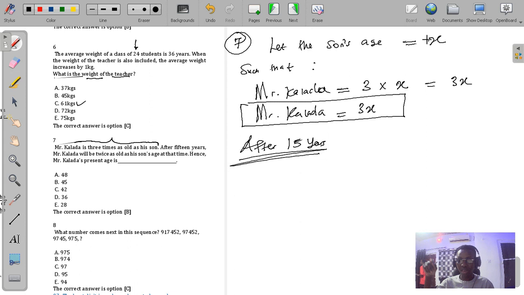So after 15 years, the son's age should be X plus 15. You get that logic? I'm adding 15 years of age to the present age, which is X plus 15. And that also implies that Mr. Kalada's age, after 15 years, should be 3X plus 15. So I also add 15 to this 3X, and that is 3X plus 15.